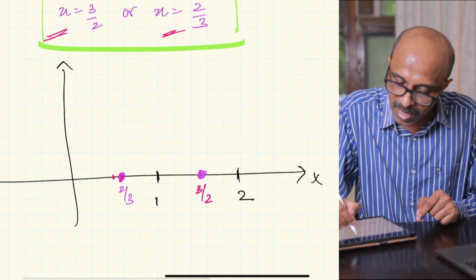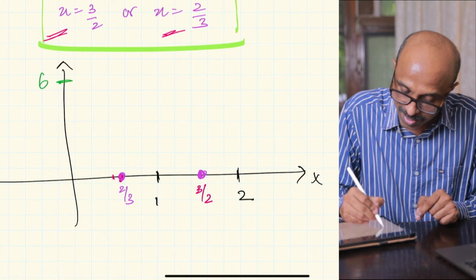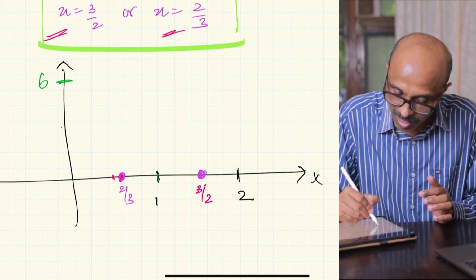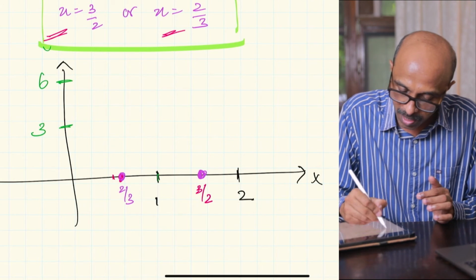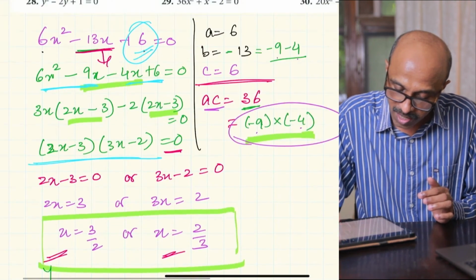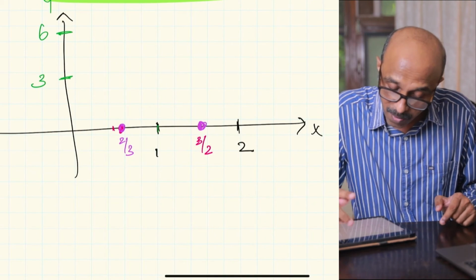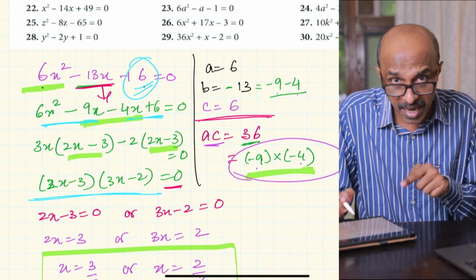So somewhere on the y-axis, if that were 6, and the scale is not equal, as you can see, that's 1 and that's 2, that's 6, that means this should be 3. Okay, and that's my y-axis and this is my x-axis. So that 6 should be the y-intercept, which means then my parabola. And we can also see that the leading coefficient a is positive.